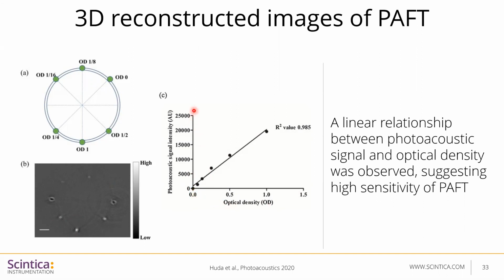The y-axis is the photoacoustic signal intensity and the x-axis is the optical density. As the optical density increased, the photoacoustic signal intensity also increased. Therefore, there was a linear relationship between the photoacoustic signal and the optical density. This data suggests that PAFT has high sensitivity in phantoms, or in the in vitro setting.